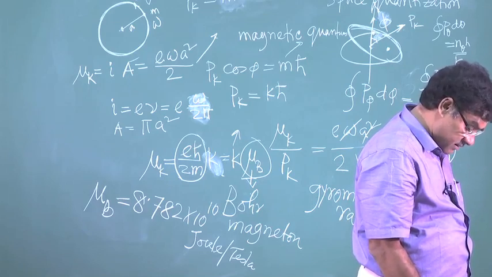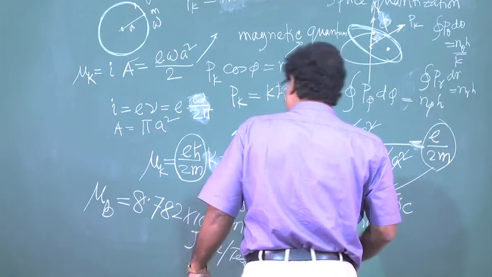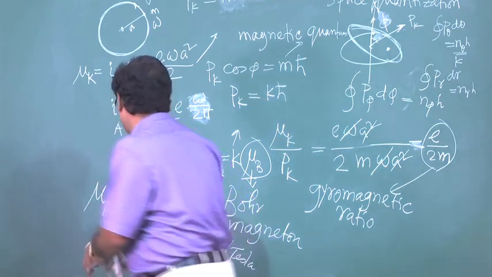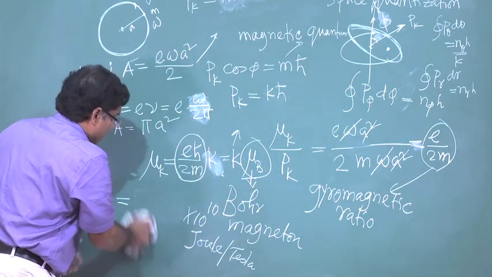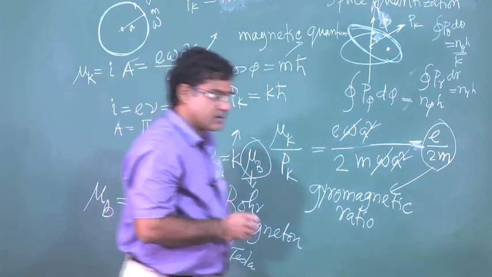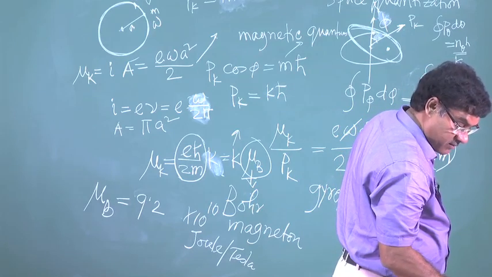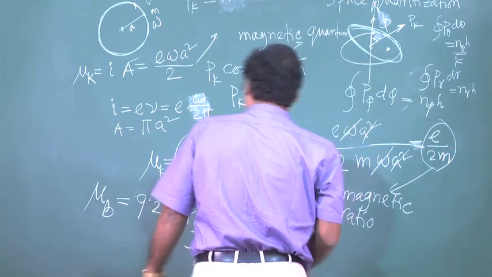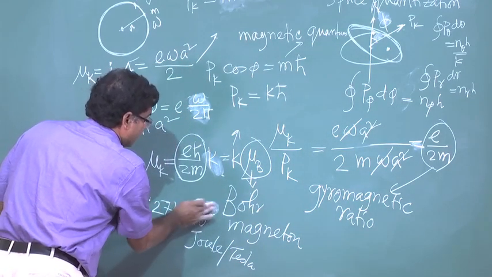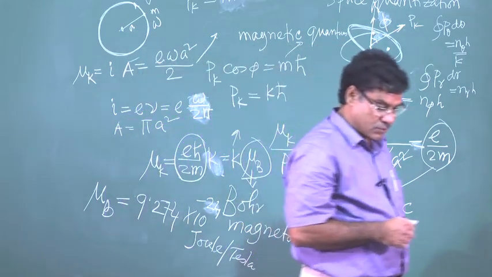The earlier value I said was wrong. It is 9.274 into 10 to the power minus 24 joule per Tesla.